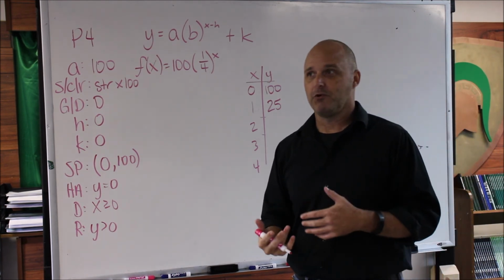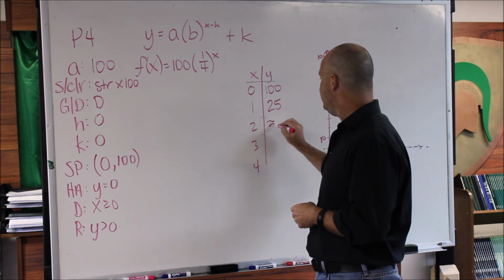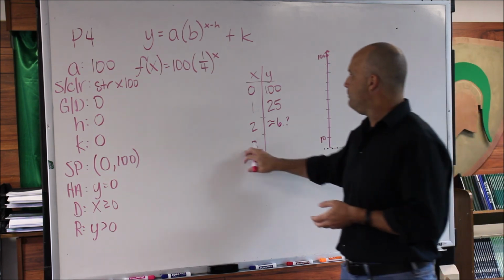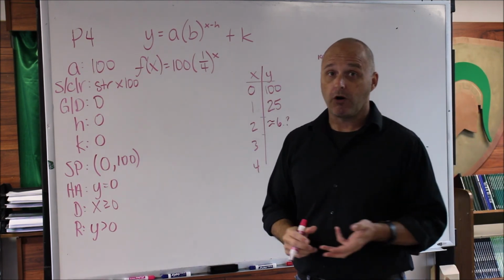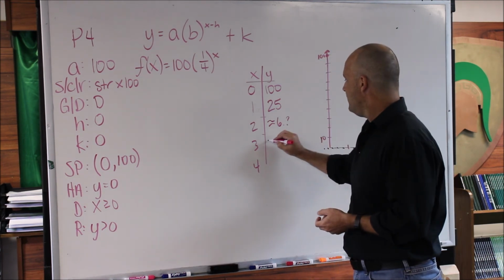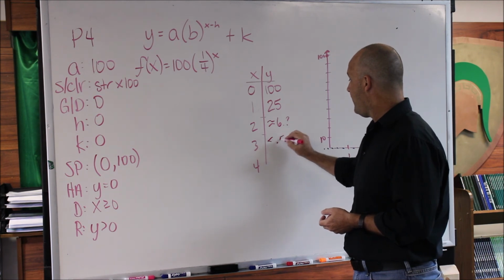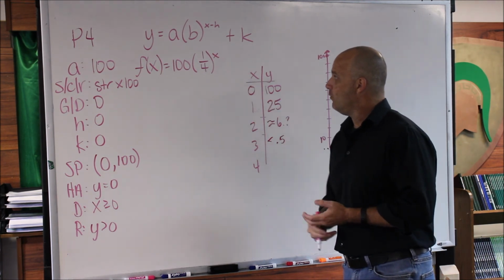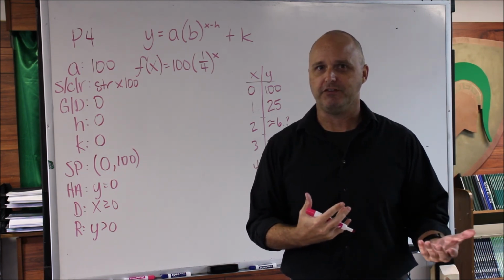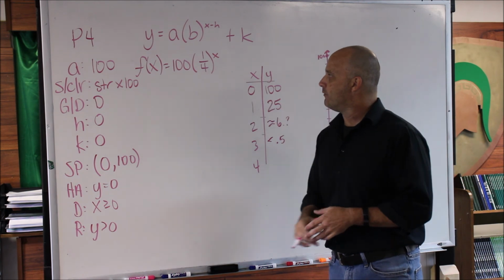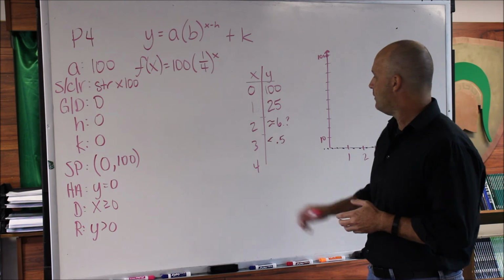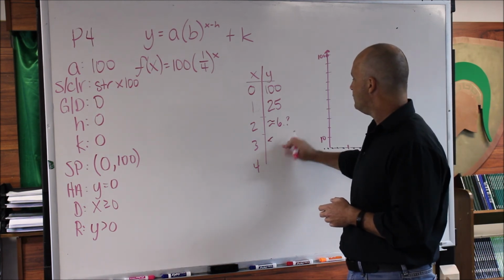So 100 times 1 over 16 is going to be approximately 6 point something. Then if we put in 3, then we get 1 over 64. So then 100 over 64 is going to be less than 2. And then if we do 1/4 to the fourth, now we're looking at, I believe it's 256.